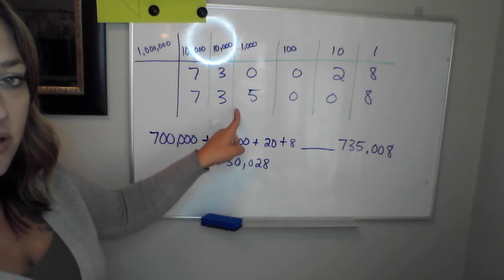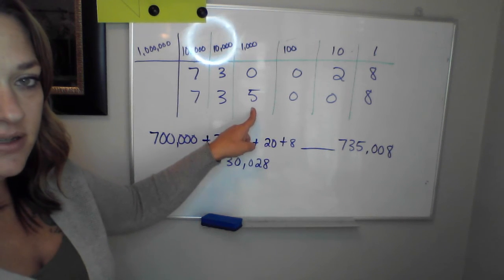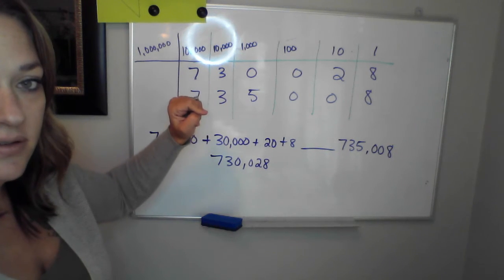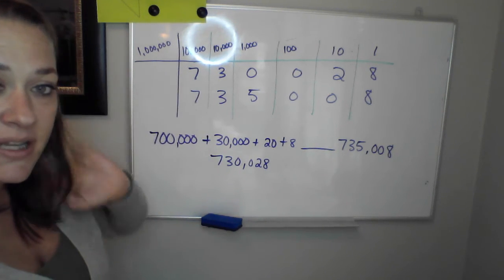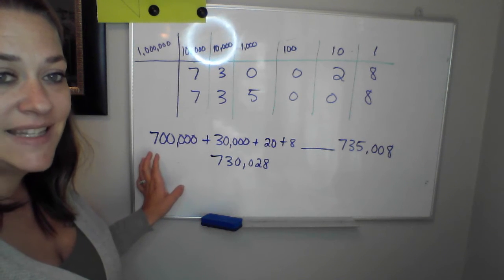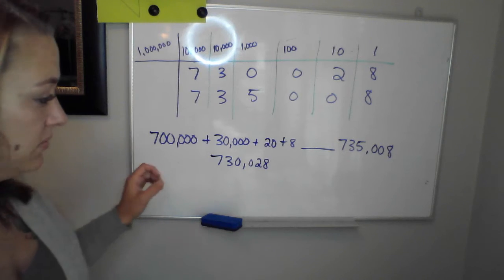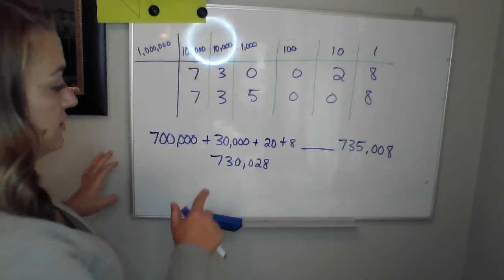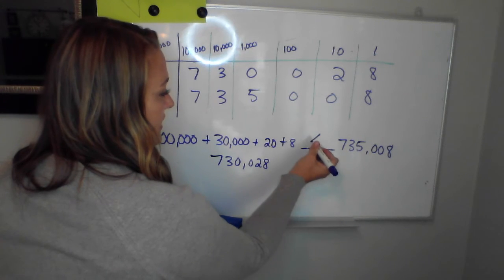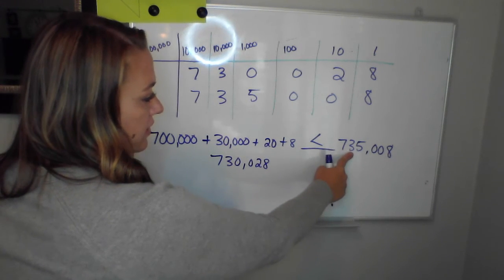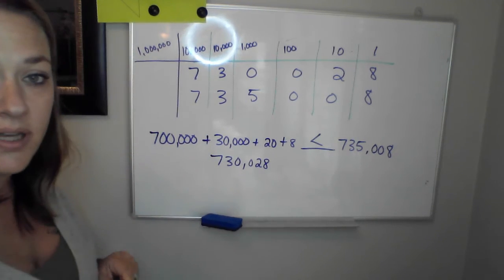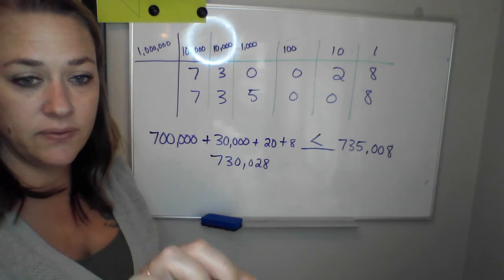So 735,000 is larger than 730,000. But because we have our 730,000 first, we're going to use our less than symbol to complete our sentence. So 730,028 is less than 735,008. Okay, we'll do one more with the different forms.